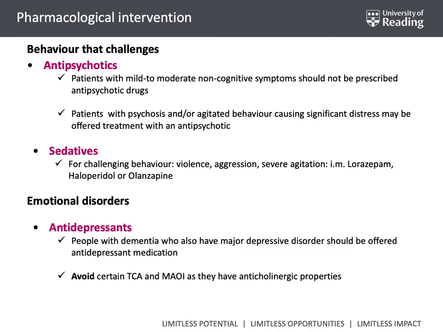Those things that are on the radar, or should be on your radar, in terms of things that you can opt for are, in essence, antipsychotics, sedatives, and antidepressants. So there are things that you can contribute to manage those behavioural symptoms better. One of the key things to highlight is thinking back to that anticholinergic burden.